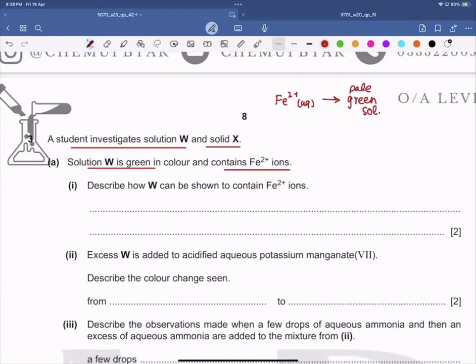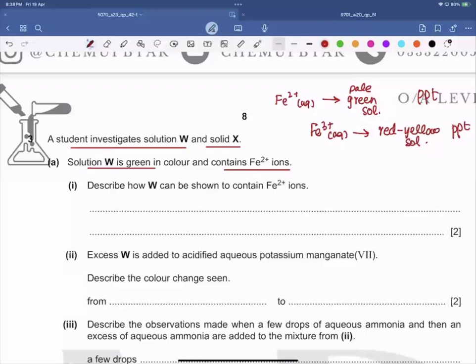Okay. And in the same way, when there are Fe3 positive ions present in the aqueous solution, you are going to observe a red or orange solution or reddish yellow solution. And in the same way, when these two ions form compounds which are water insoluble, their precipitates formed are of the same color.